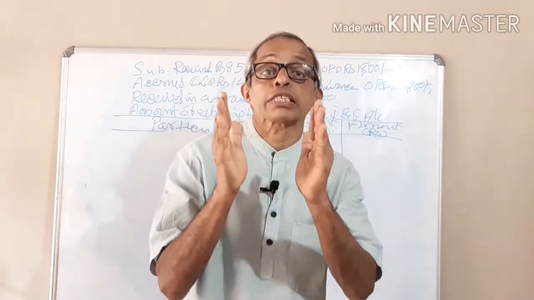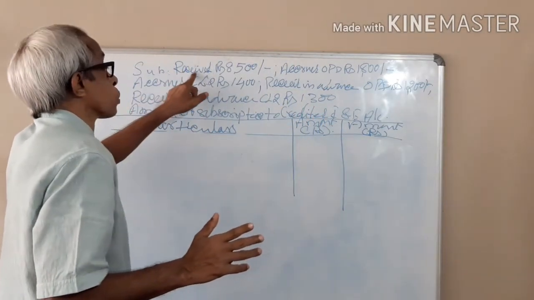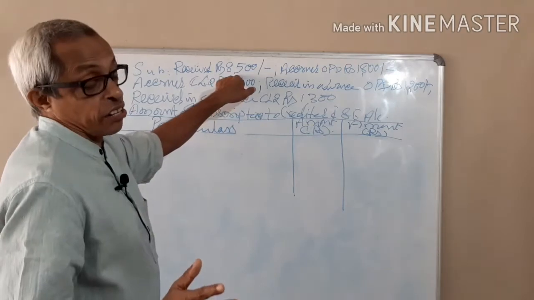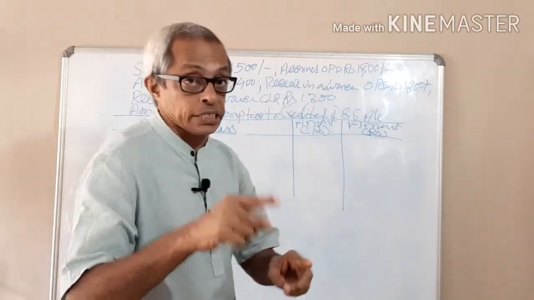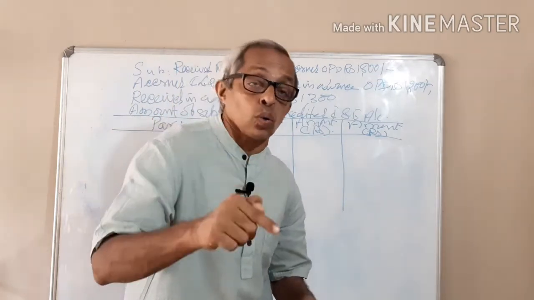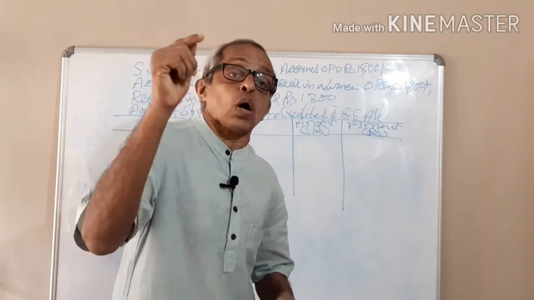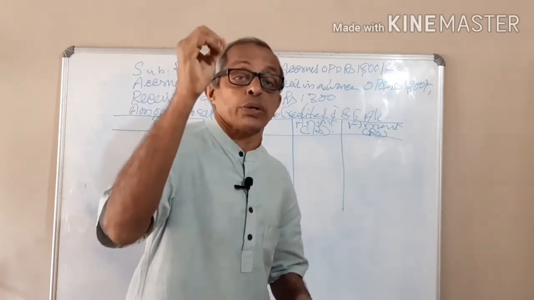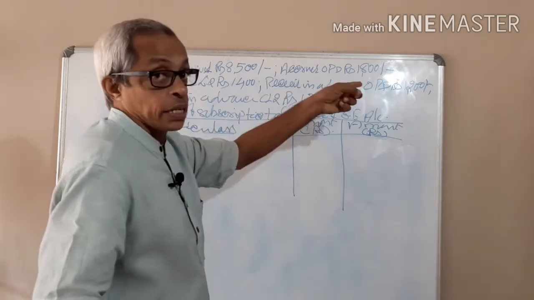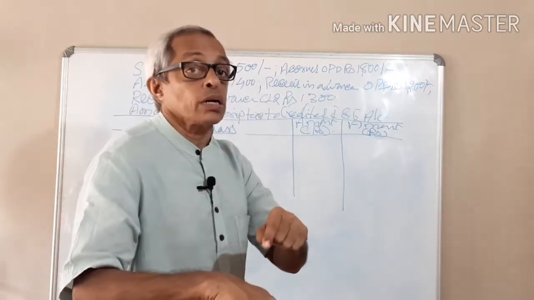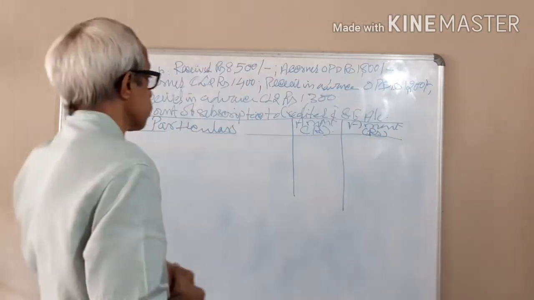Therefore, that much amount should be deducted from the total amount of subscription received. So this figure, subscription accrued on the opening date, should be deducted from the total subscription received during the year, because the subscription received on opening date does not belong to current year, but it belongs to previous year.